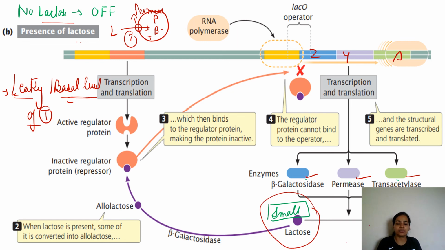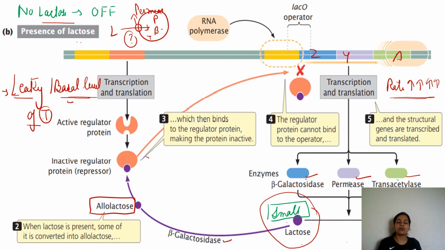Once it enters into the cell, because the cell also has a small amount of beta galactosidase due to this leaky transcription, it will convert into allolactose, which is our inducer, and it will induce. What is it going to do? It will remove the repression by the repressor. It will inactivate the repressor, and then the transcription will go at a very high rate.